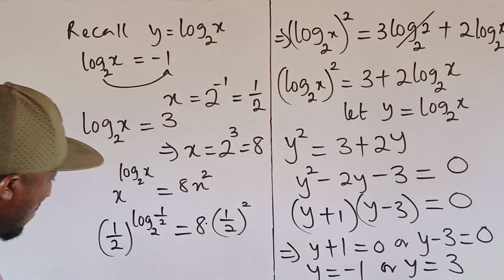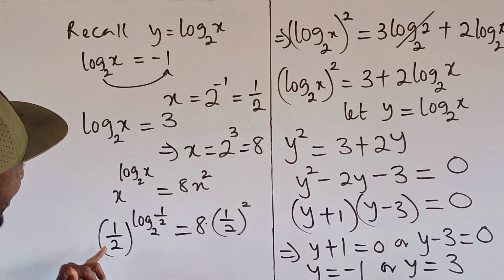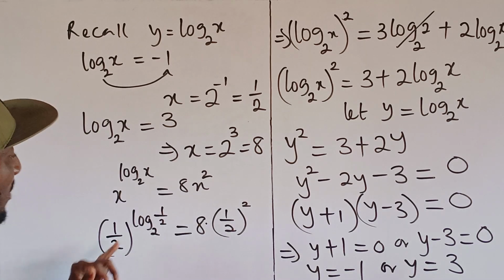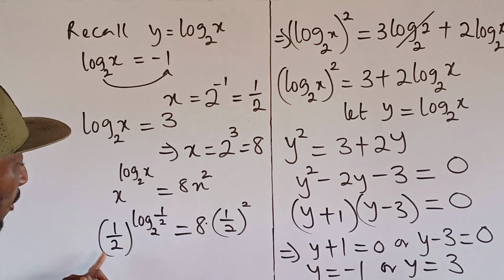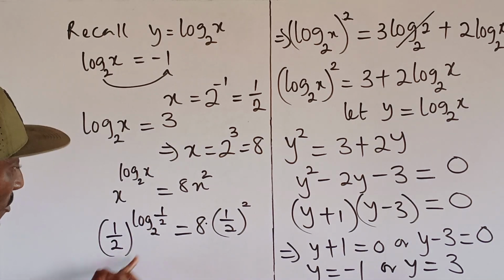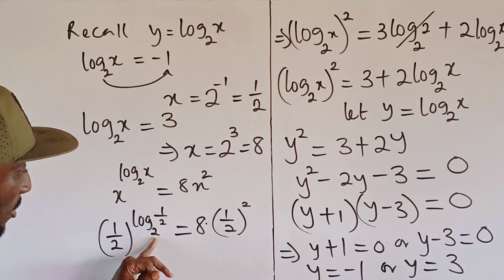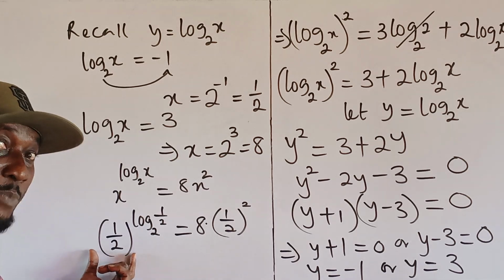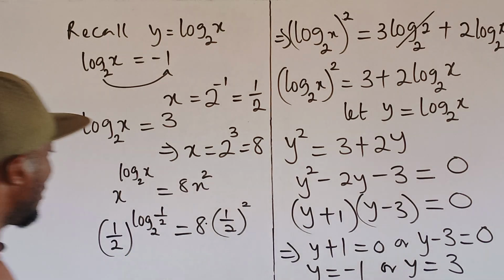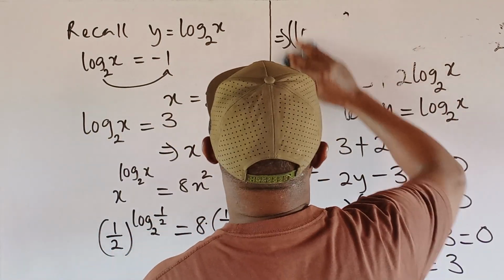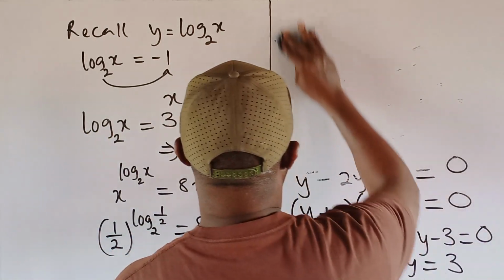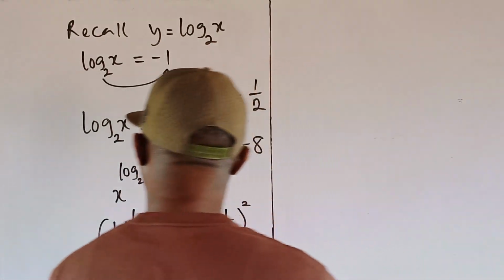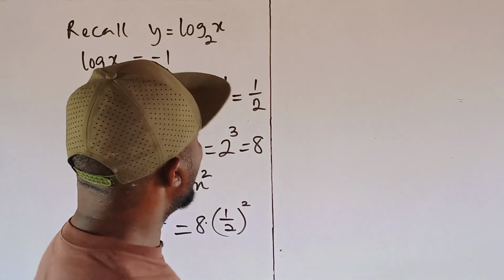Now our duty is to make sure that the base of this logarithm is the same as the base of 1 over 2. The base of the logarithm is 2. We have to make the base of the exponent the same as the base of the logarithm. So, half is 2 to the negative 1.